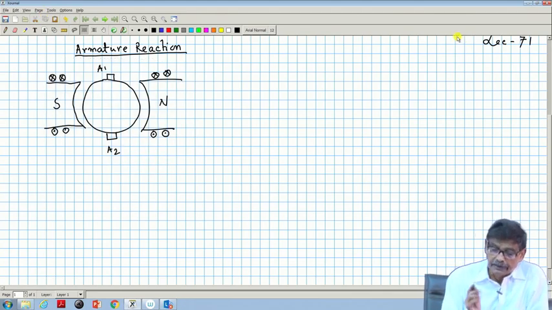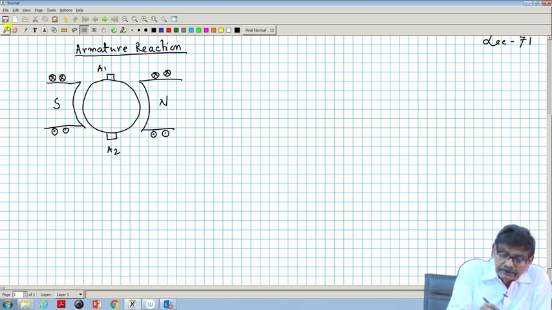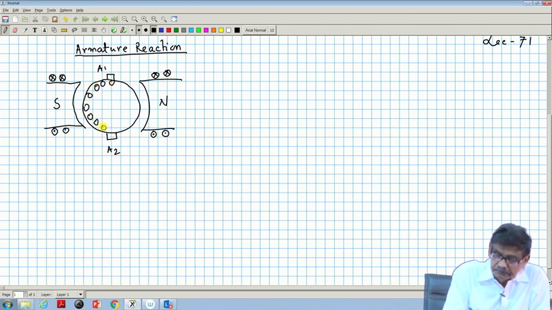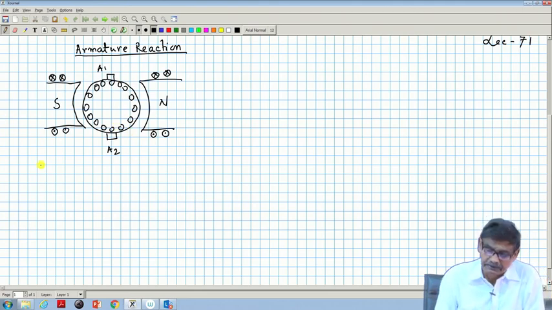This is the thing, and then there are armature conductors. This is under a pair of poles, all angles here in electrical degrees. And this is the direct axis along this line, and this is the quadrature axis.